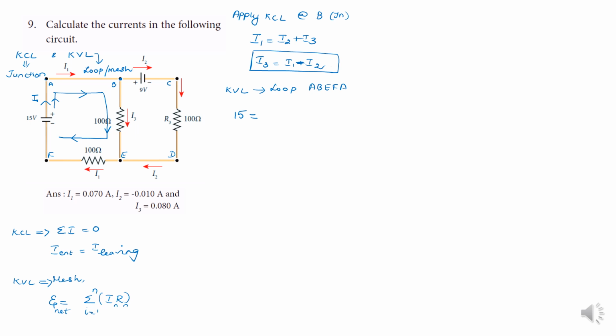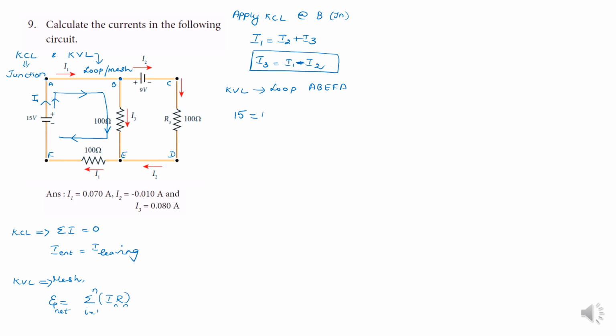Okay, so 15 is equal to I1 flows here, and a part of the current I1 is flowing through the secondary circuit. I3 is coming here. So what is coming down is I3, and the tracing direction is also the same. So the resistance here is 100 ohms.